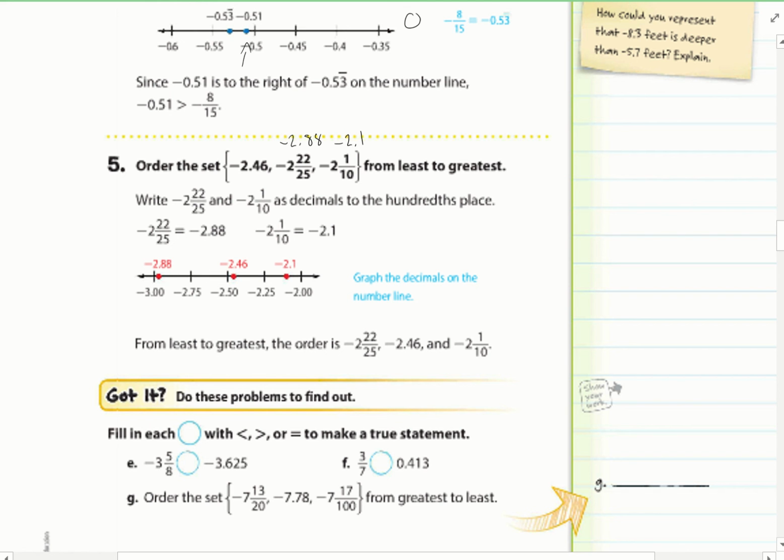And then I can just do it from least to greatest. So this is going to be my least one here, and then my second least, and then my third least. And then they have the final answer down here: negative 2 22/25, negative 2.46, and negative 2 1/10.